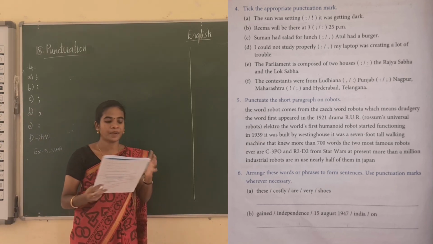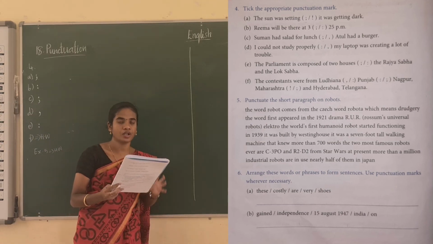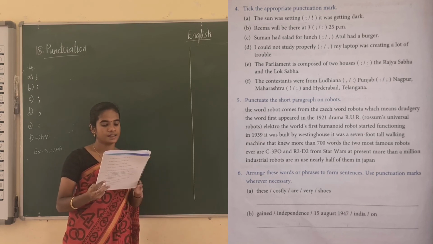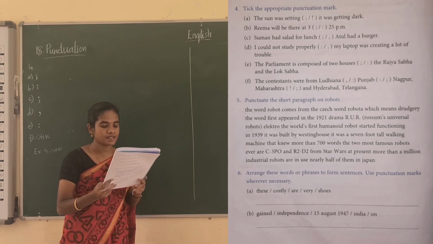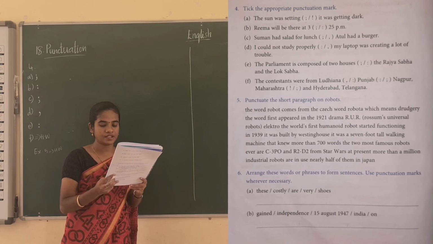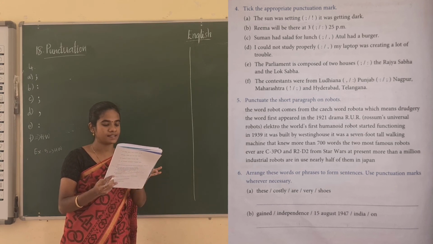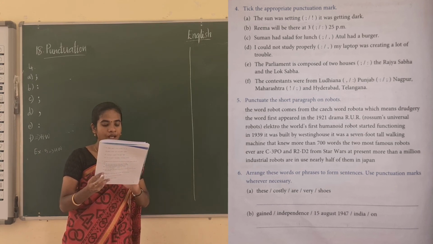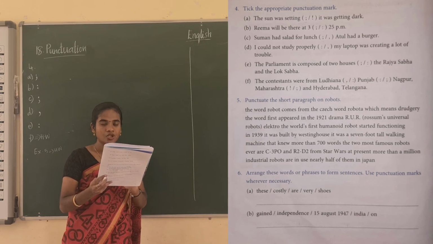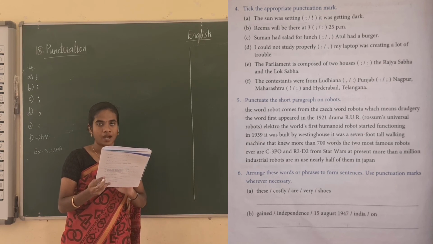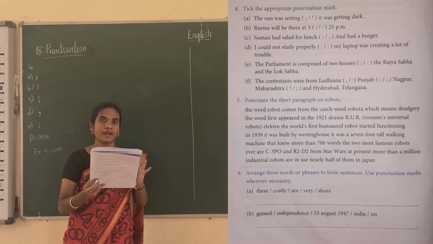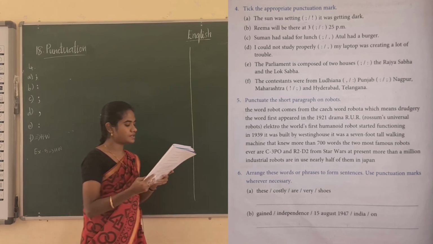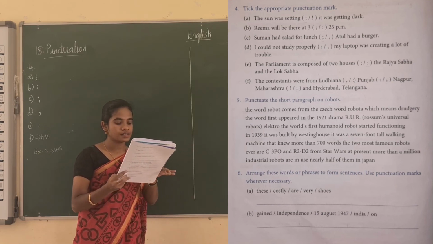Here you have to punctuate the short paragraph on robotics. Okay, see the sixth exercise. Arrange these words or phrases to form sentences. Use punctuation marks wherever necessary. So here you have to arrange these words to make a sentence, and also you have to use the punctuation mark wherever necessary. See the first one. These costlies are very shoes.